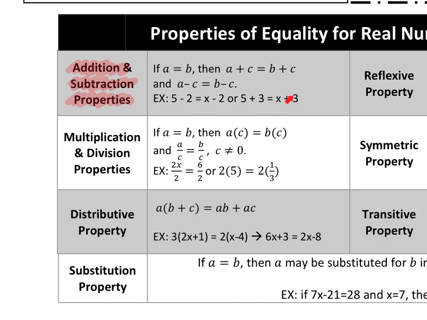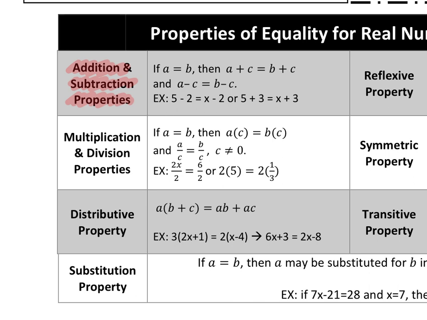When we do cross the line, change the sign later with the box method, that is because of these addition and subtraction properties. So if you notice, 5 minus 2 equal to x minus 2, or 5 plus 3 equal to x plus 3, see how on both sides we either have plus 3 or minus 2? That's showing the addition and subtraction properties: what you do to one side, you can do to the other, and it remains equal.